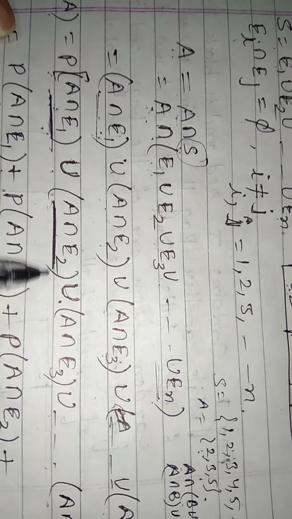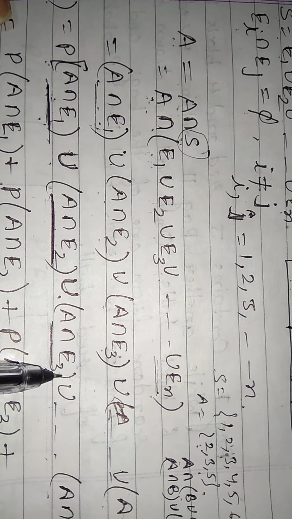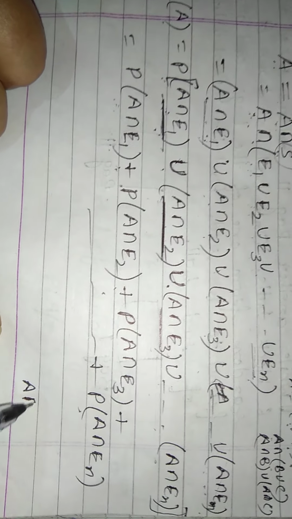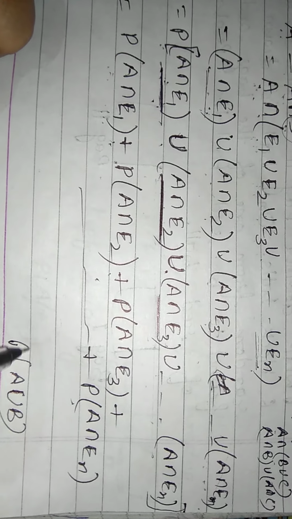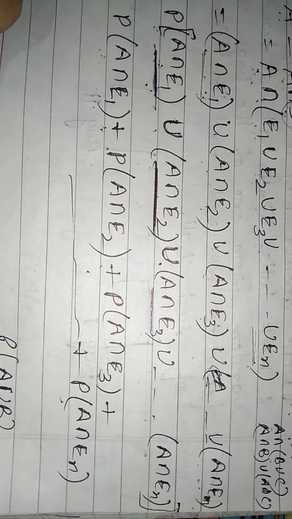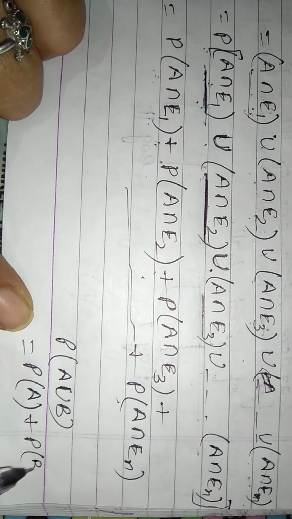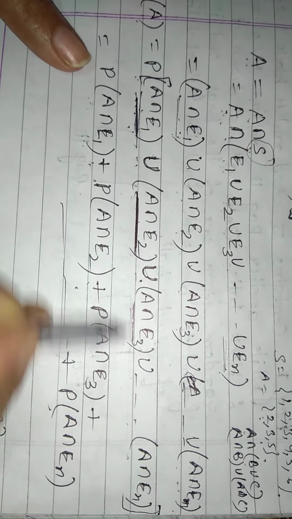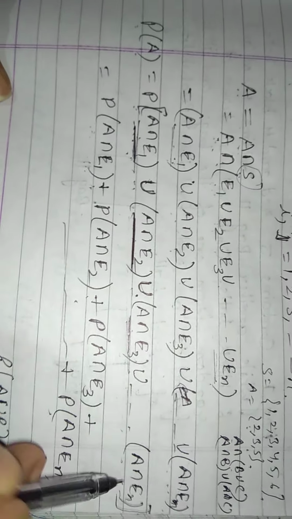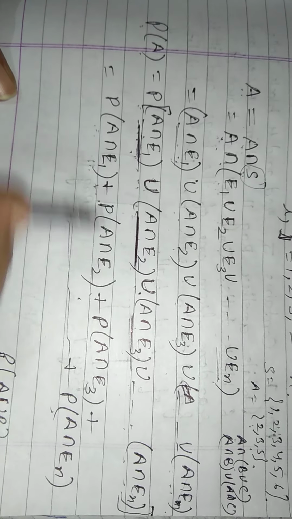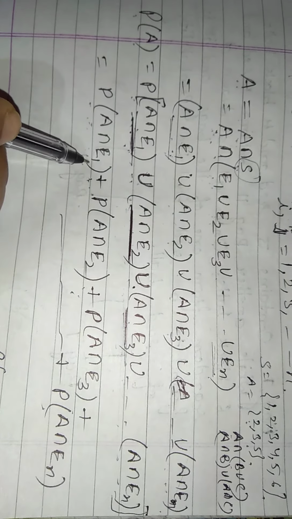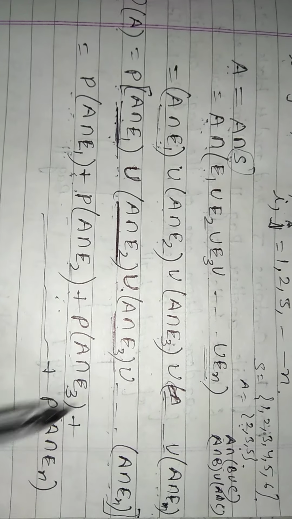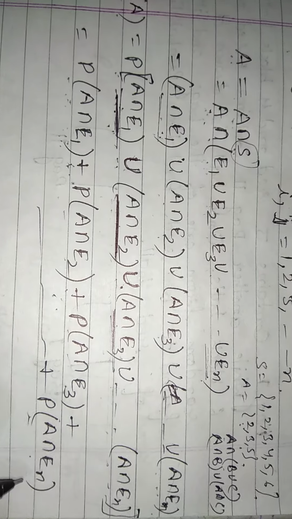If A and B are disjoint sets, then what is P(A union B)? This is P(A) plus P(B). We know that. Same here, and since these are disjoint sets, we will take a positive sign in between. P(A intersection E1) plus P(A intersection E2) plus P(A intersection E3) and so on, P(A intersection En).